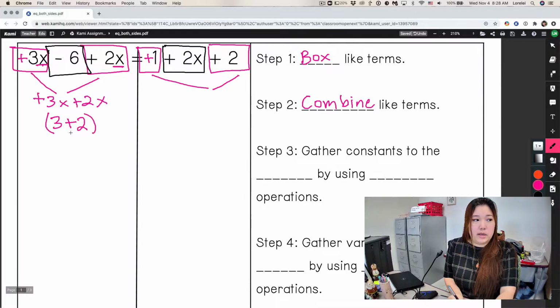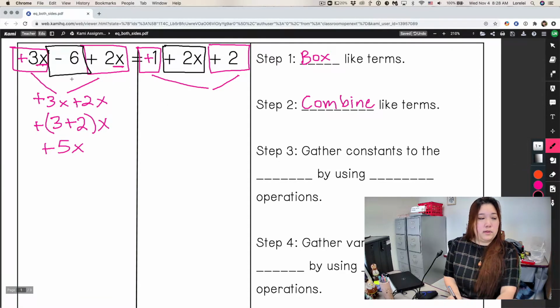So this is going to be 3 plus 2, and then we'll have an x at the end. Okay, 3 plus 2 is 5. So this becomes positive 5x. And then this minus 6 that we bring back down because we didn't do anything with it. So now this left side of the equation is 5x minus 6.